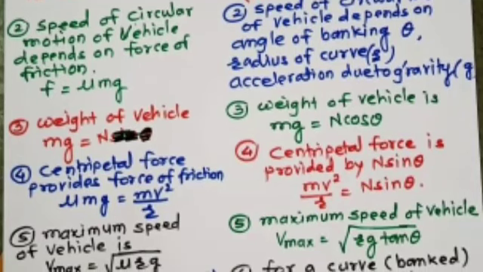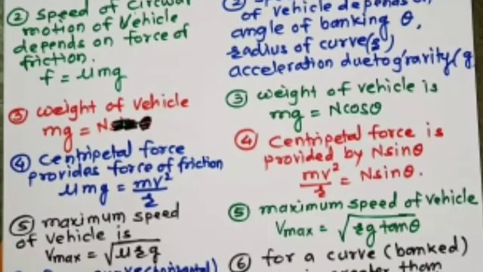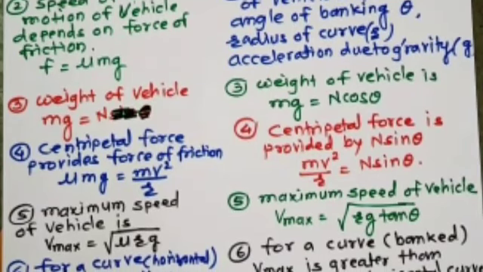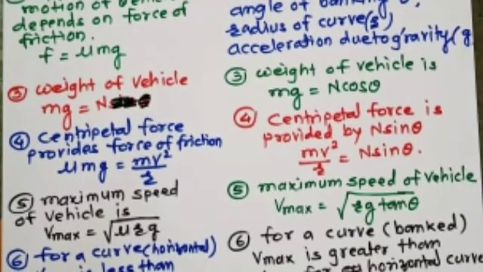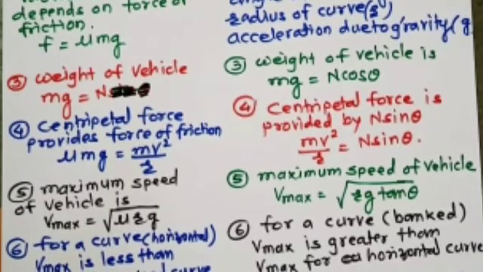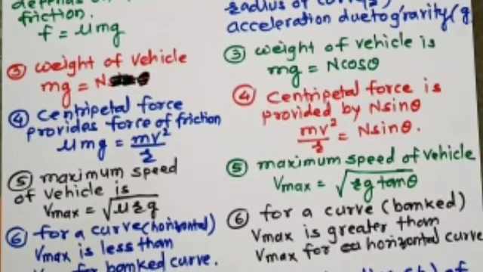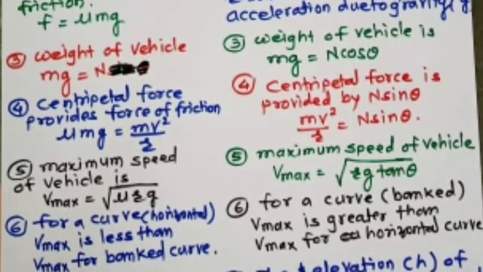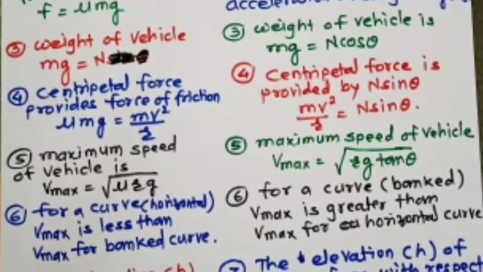Centripetal force: in a horizontal curved road, the force of friction provides it, mu mg equal to mv square upon r. In a banked road, the centripetal force is provided by N sin theta, so mv square upon r equal to N sin theta. The fifth point is the maximum speed of the vehicle. In a horizontal curved road, V maximum is equal to square root of mu rg, whereas in a banked road, V maximum is equal to square root of rg tan theta.